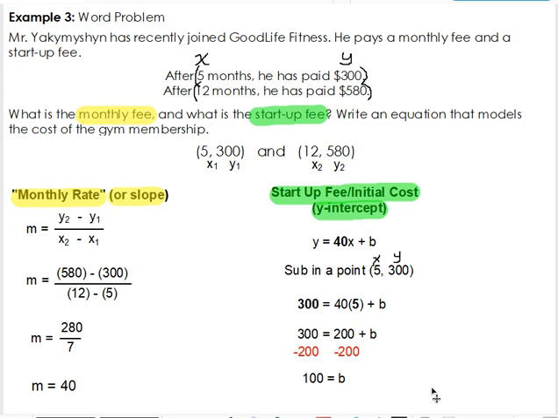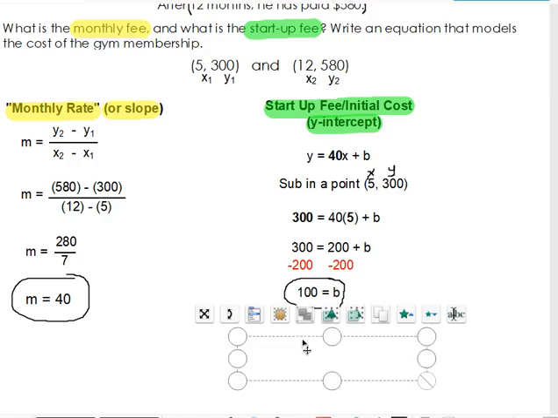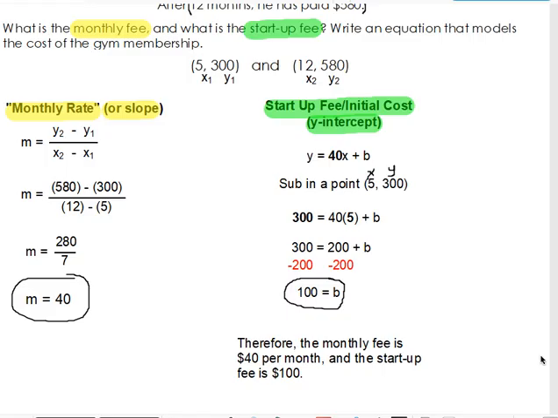So we now know the monthly rate is $40 per month. We also know that the initial cost, or startup fee, is $100. So to answer this question, we would say, therefore, the monthly fee is $40 per month and the startup fee is $100.